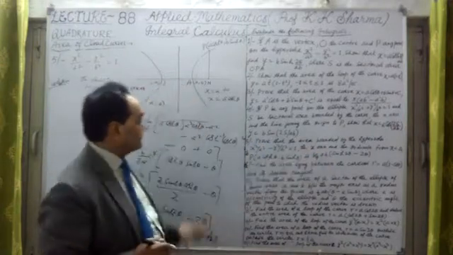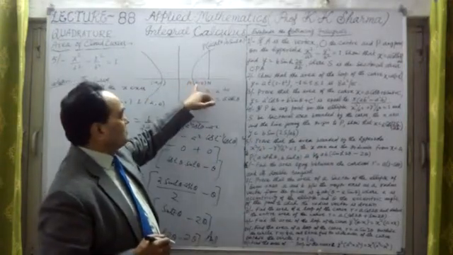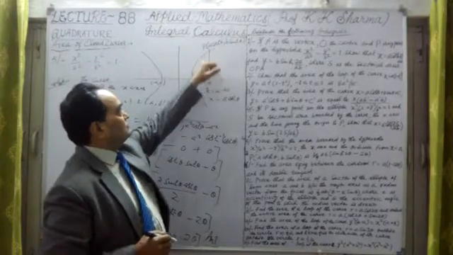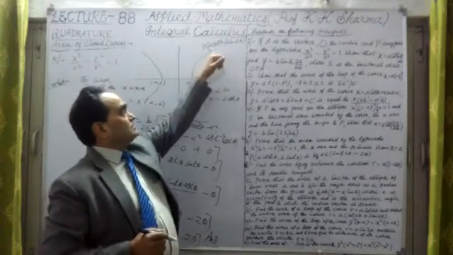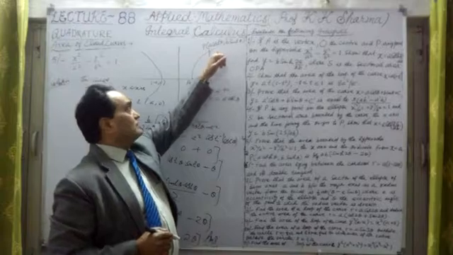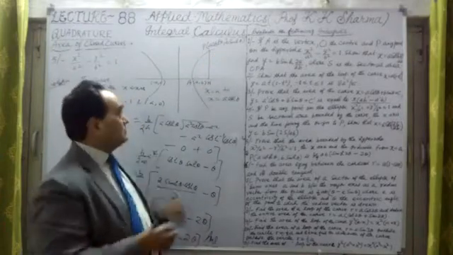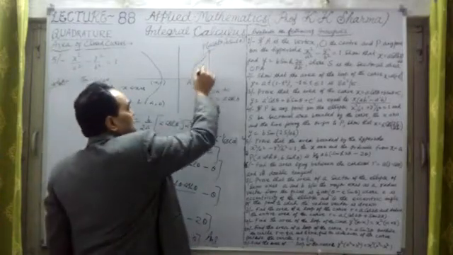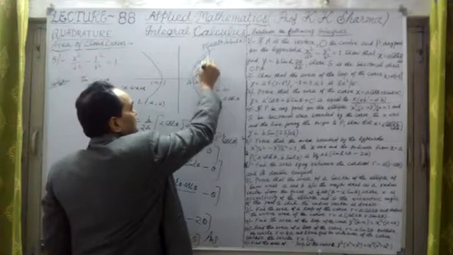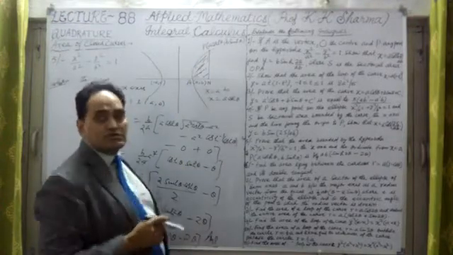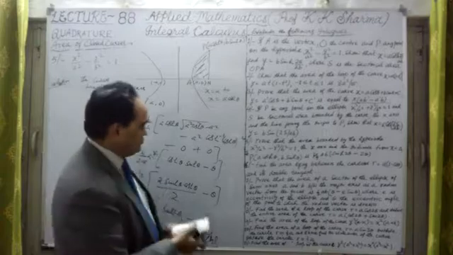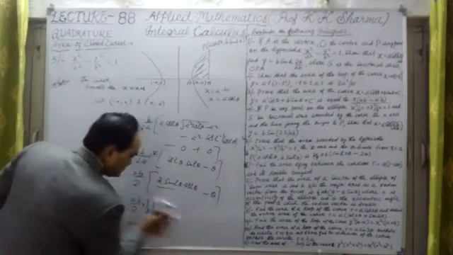This is the area between x equal to a and the end point x, whose x-coordinate is a cosh theta. This was the required area.